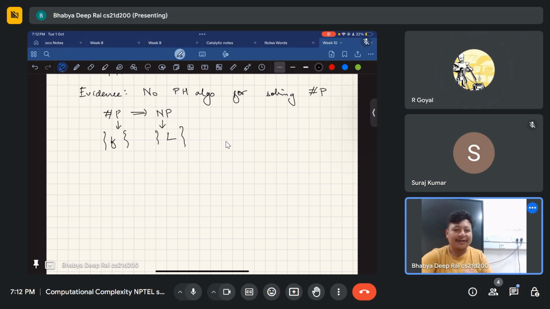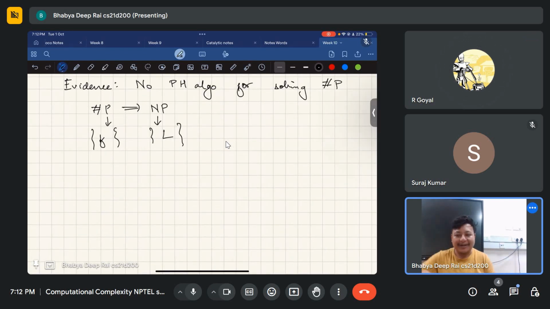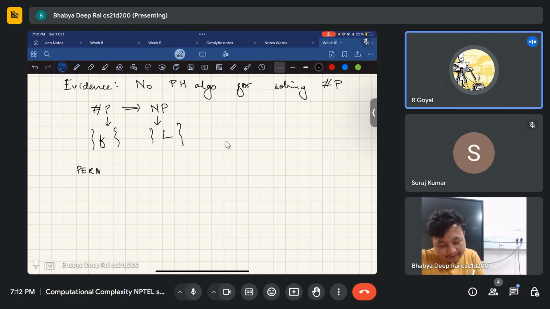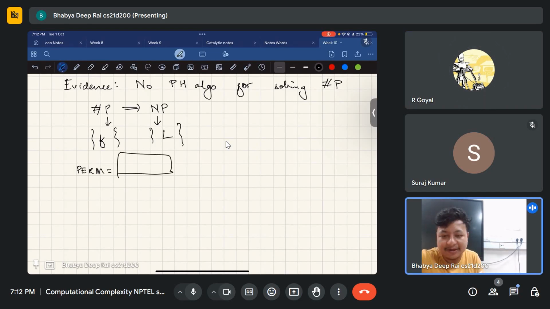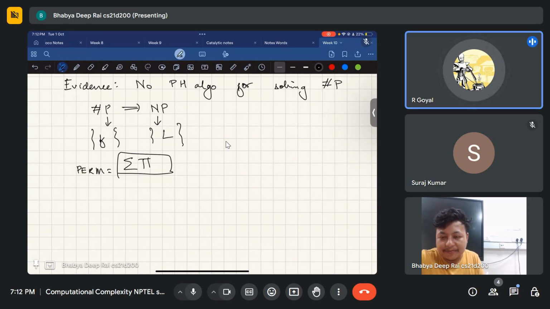How would you even express it in terms of languages in a straightforward way? It is defined as a function with a summation of products. I vaguely remember this permanent thing, and it is somewhat similar to determining the determinant of a matrix.